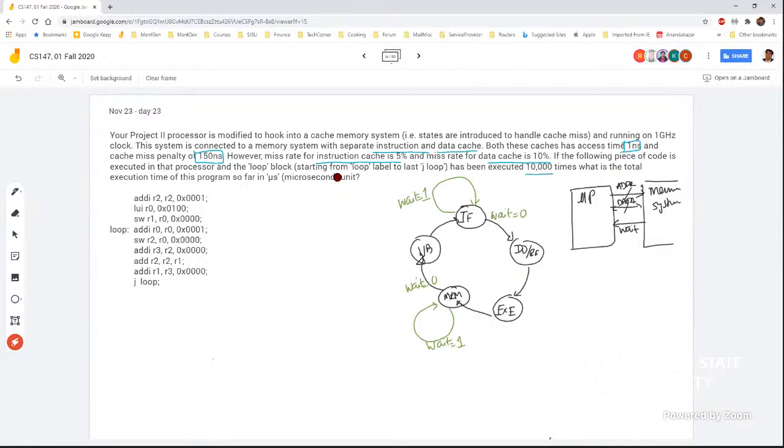So with these changes, just take 5 minutes yourself to solve this problem. Then we'll open up the breakout room for your group discussion and try to solve this problem in the group. The time starts now.